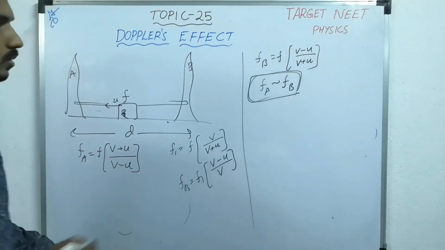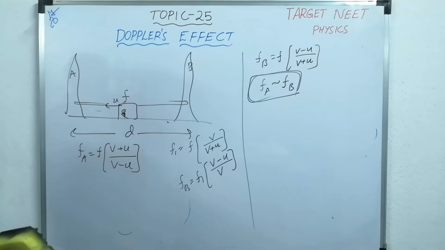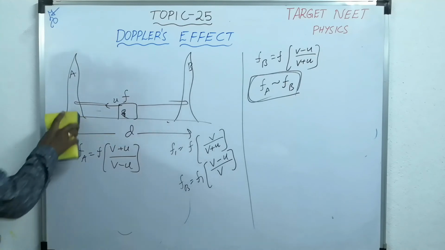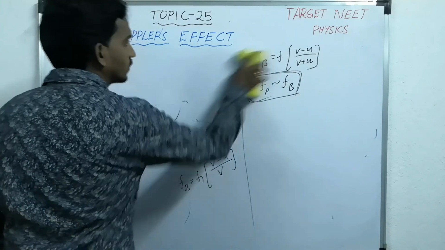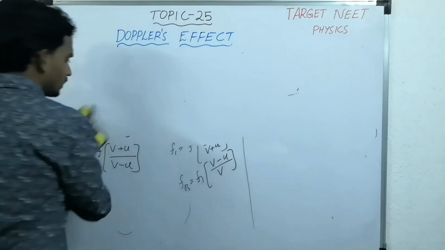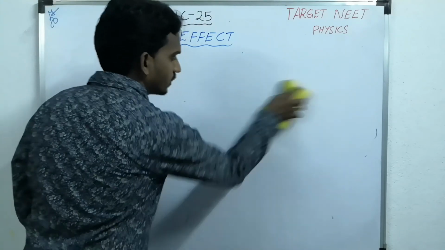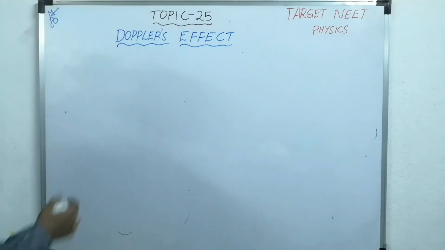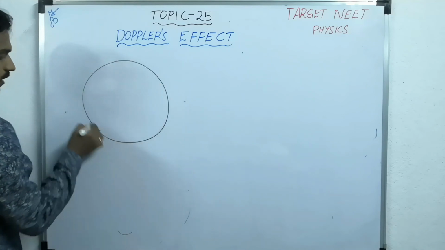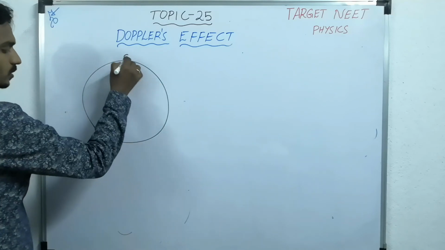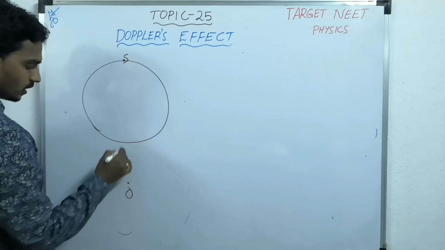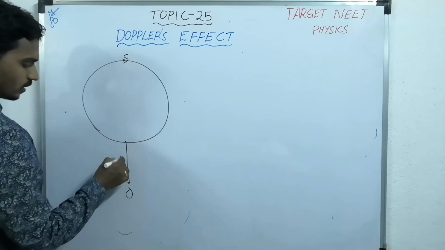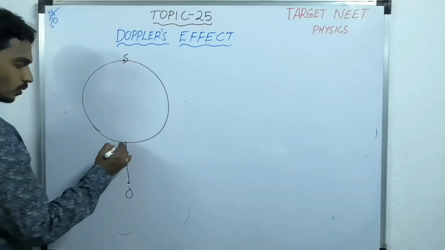So this way also they can create questions based on beats. And one more thing, based on a question we have discussed: if there is a circular path and the source is moving, and one observer is at a distance, let's take y. What is y?